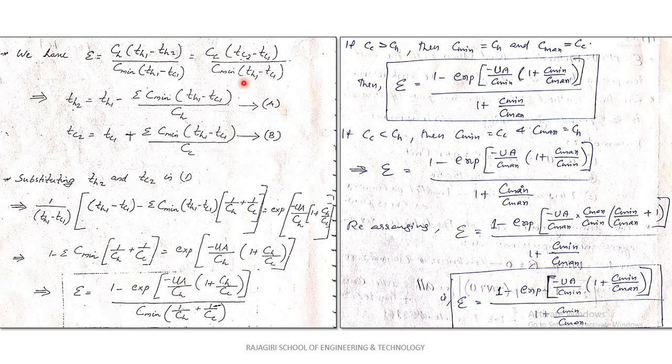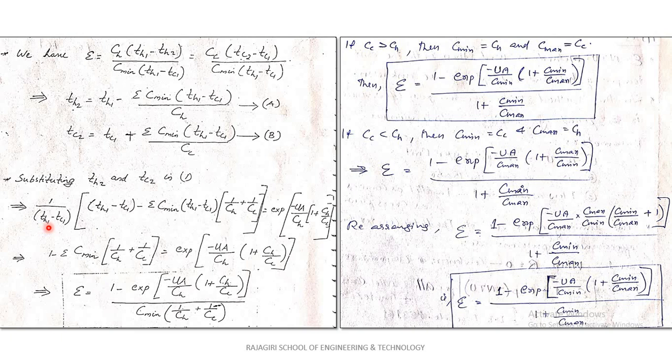I can find an equation for TH2 and TC2. TH2 is equal to TH1 minus this term, and TC2 is equal to TC1 plus, this is positive, effectiveness times C minimum times (TH1 minus TC1) divided by CC. Substitute these two values of TH2 and TC2 in equation number 1, rearrange, and you will get an equation like this.